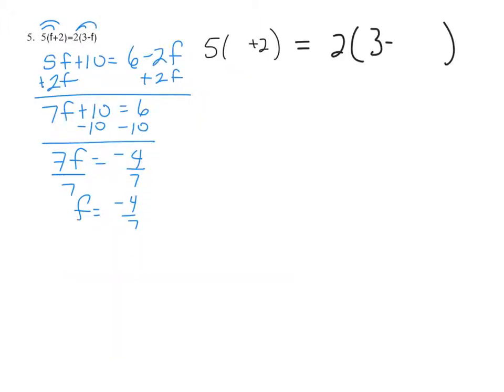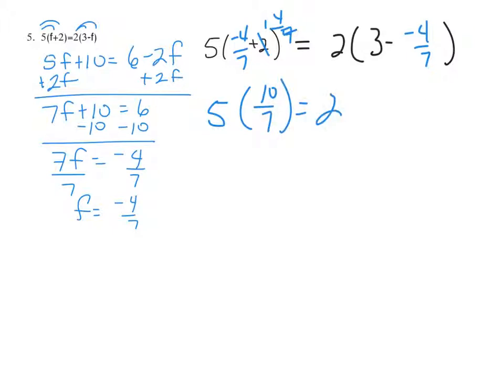This might be a nice one to use your calculator for the check step because it's going to be a bit messy. But I'm just going to do it using some fraction skills. So common denominator, to add negative 4/7 plus 2, I'm going to change that 2 into 14/7. So negative 4 plus 14 would be 10/7.